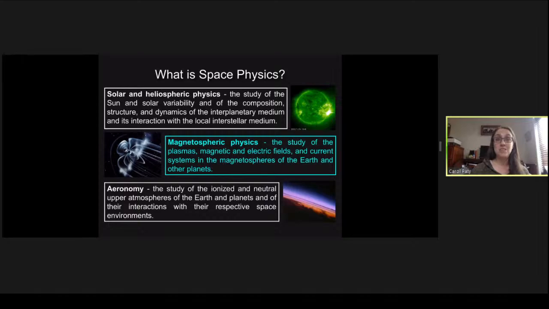And then there's aeronomy, and this is the study of the ionized and neutral upper atmospheres of the Earth and the planets and their interactions with their respective space environments. Aeronomy covers a lot of ground, well, not literally ground, a lot of atmosphere from kind of above the troposphere and on up through the ionosphere of a planet, and how the interaction with the planet's magnetic field and the solar wind affects that upper atmosphere of the planet.